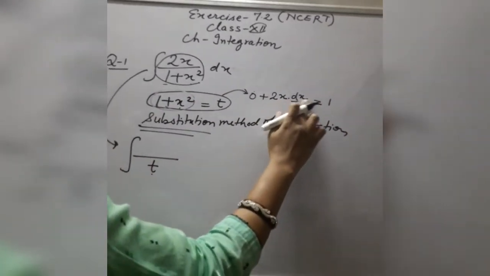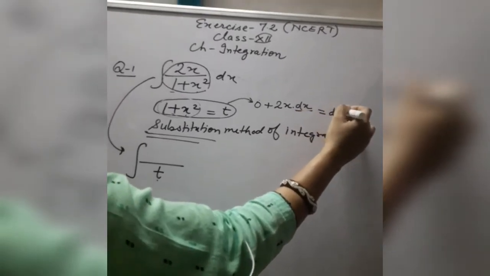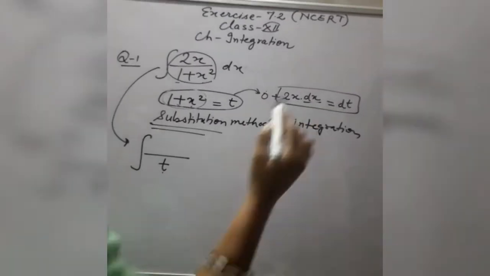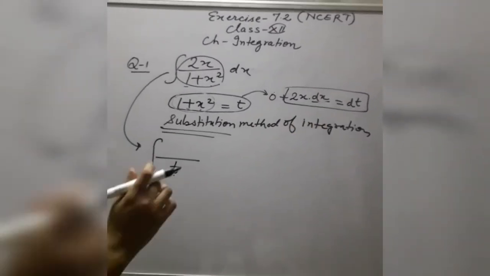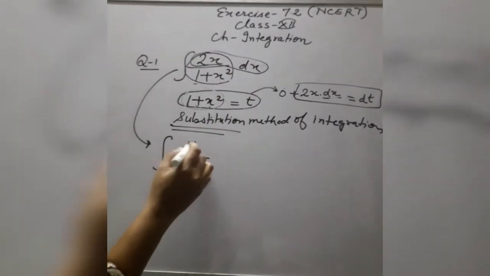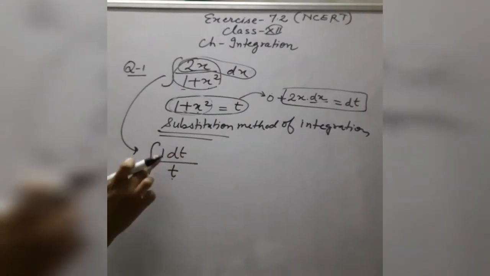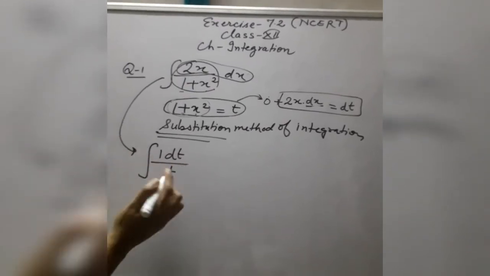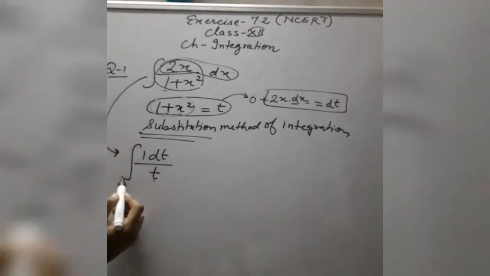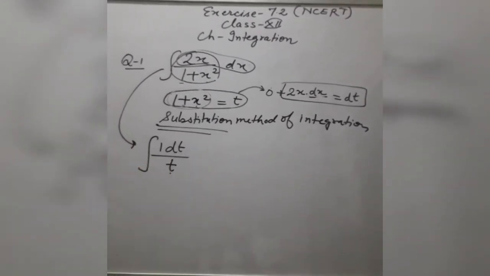If you shift this dt to this side, the result can be written as 2x into dx is equal to dt. So in the given statement, replace 2x dx by dt. Now the function is 1 by t, in the t variable, and in place of dx we have dt. It means we will integrate 1 by t with respect to t.